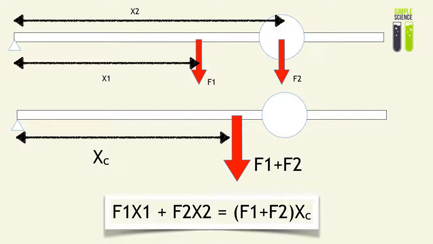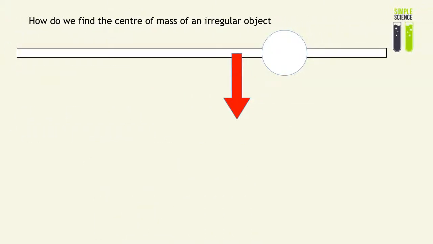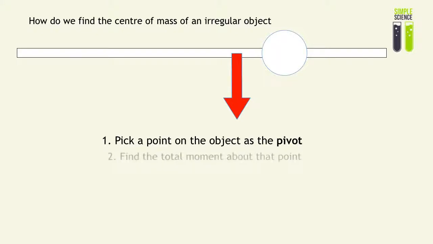So we then come up with a rather logical approach to dealing with this question. The first thing we do is pick a point on the object as a pivot. What I like to do is usually pick the leftmost point on the object, and then find the total moment about that point. We do this by considering the two shapes, remember?